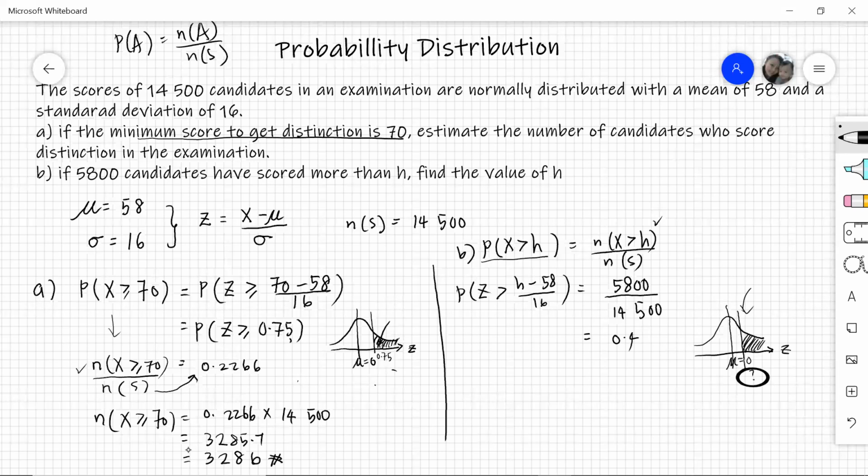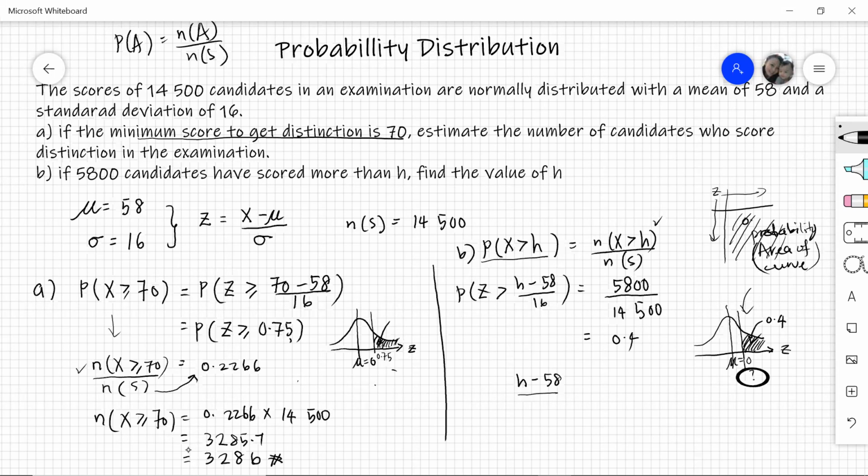So we need to find that Z-score using our standard normal distribution table. From the table, we have the probability 0.4. On the standard normal distribution table, up here, these two are actually our Z-score, whereas inside is the probability, or I call it the area of the curve. So now we have the area of the curve, which is 0.4.